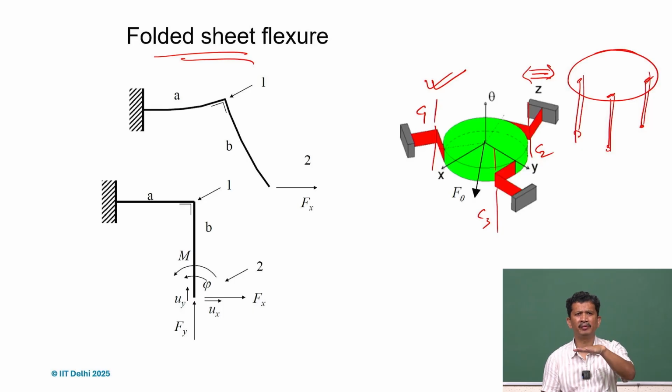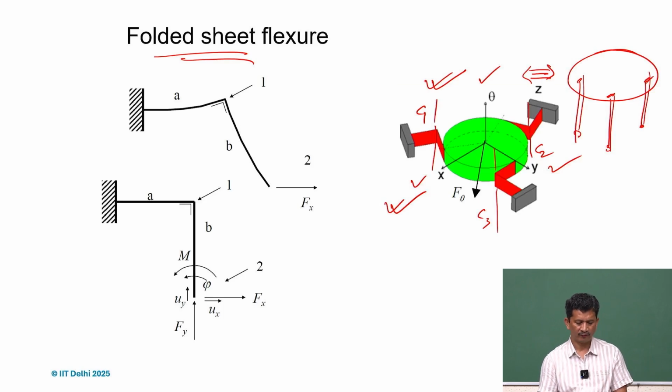So the plane will remain there, and so we can achieve a planar motion, and we can get x, y and theta motion. If we do it that way, it will be constrained in the z direction, and the out-of-plane rotations, theta x and theta y, will be constrained. So we'll get a three degree-of-freedom planar system, very nice, and a very good use of folded sheet flexures for making these kinds of things.